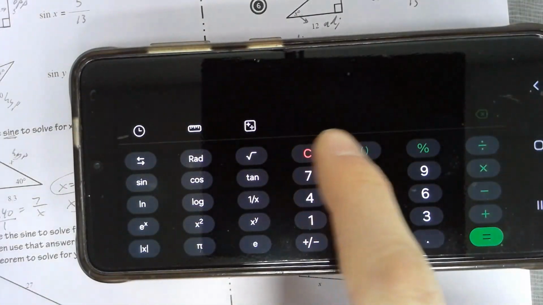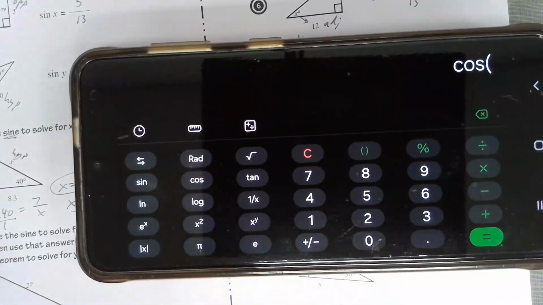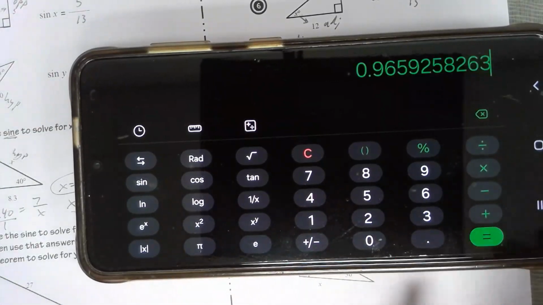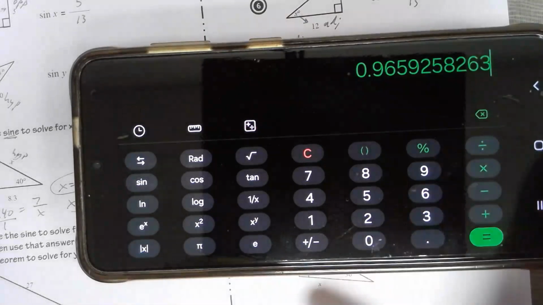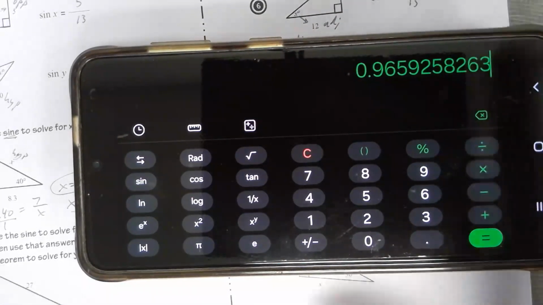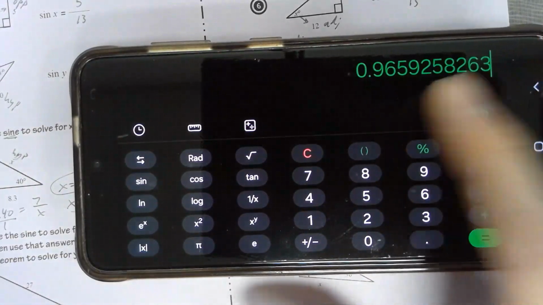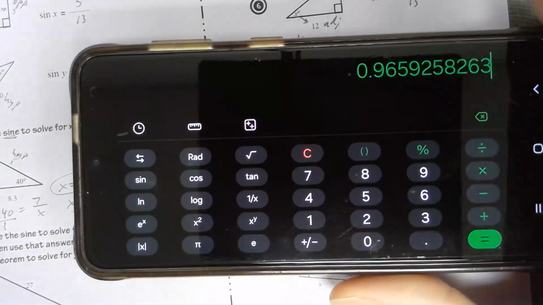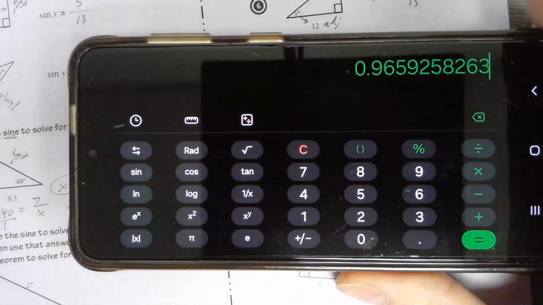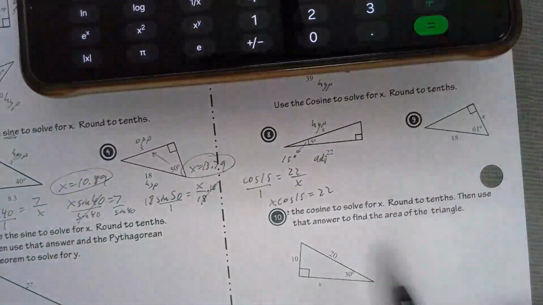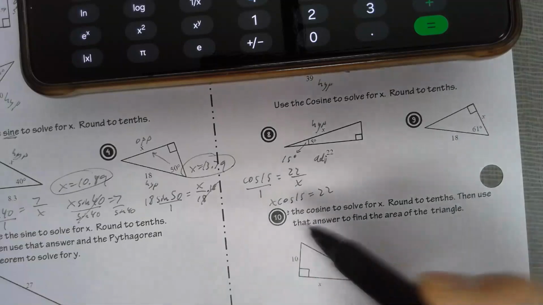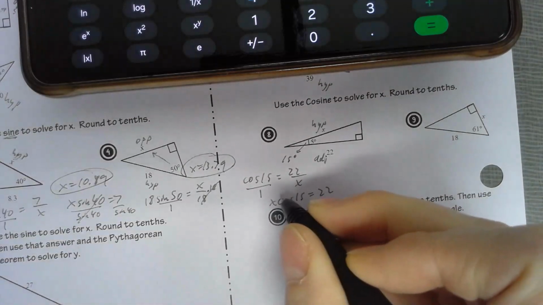The cosine of 15 gets me 0.96592, etc. I probably don't want to write that out or a rounded version. I'm going to get a less accurate answer if I round the decimal. So instead of evaluating the cosine of 15, we're going to keep it as the cosine of 15.